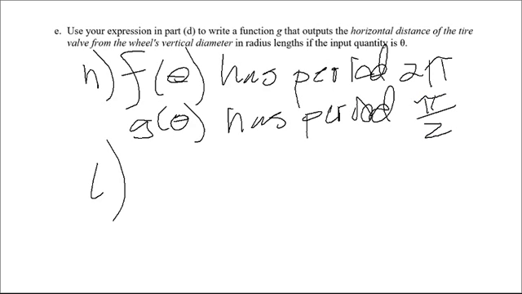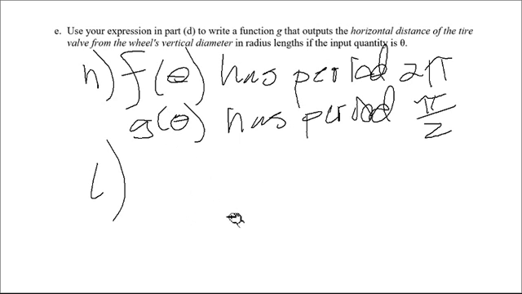Part I asks us, the tire valve always sweeps an angle that is 4 times greater than the pedal. Explain why the period of g is less than the period of f. And the answer to this question is, 1 cycle of the pedal is going to correspond to the tire valve.